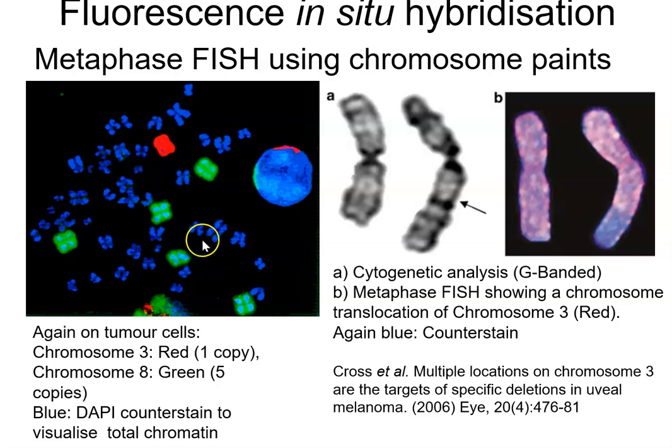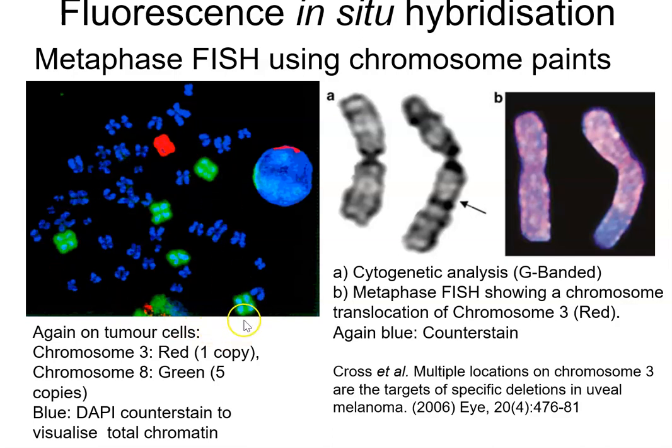What we can then do is use something called a chromosome paint. And a chromosome paint is DNA from a single chromosome, or let's say lots of chromosome 3s. They've been isolated, put into one pot, and that DNA that's in that pot is labelled with a red fluorophore, such as Texas red, and then the same thing has been done with chromosome 8, that's been labelled green.